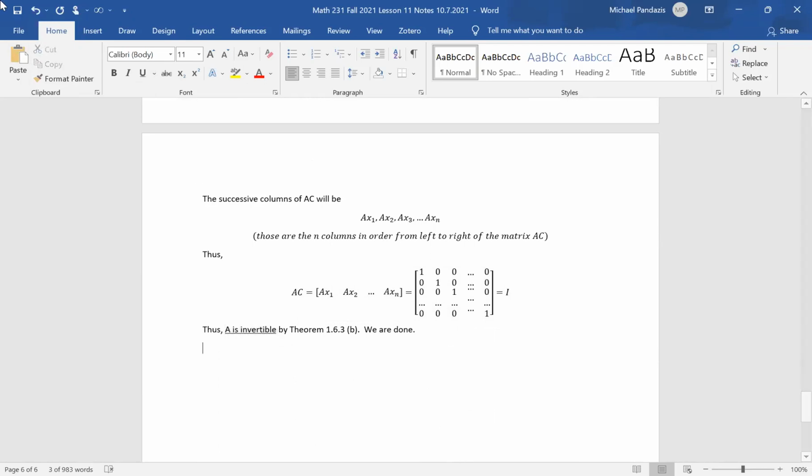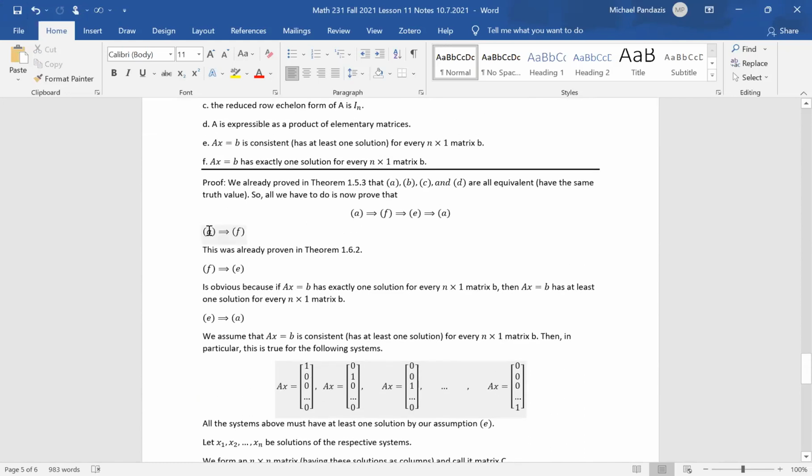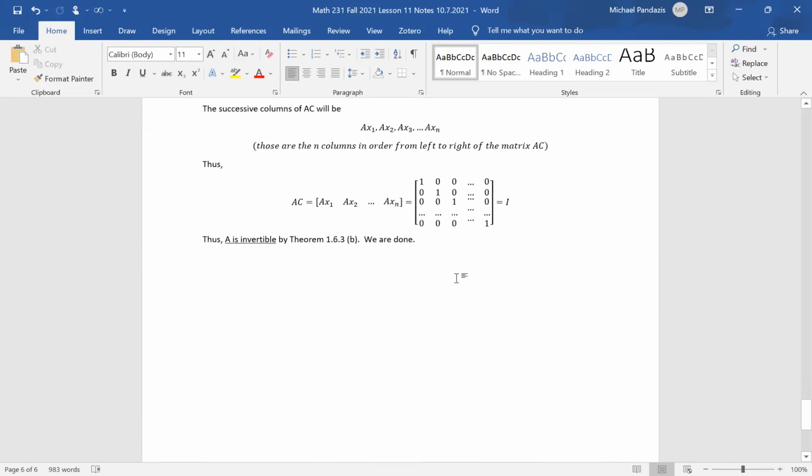We succeeded in showing that E implies A. So we proved A implies F. We showed F implies E, and we showed that E implies A. So we proved all three of these deductions, and so we proved that all 6 of these statements are equivalent. Okay, the proof is done.